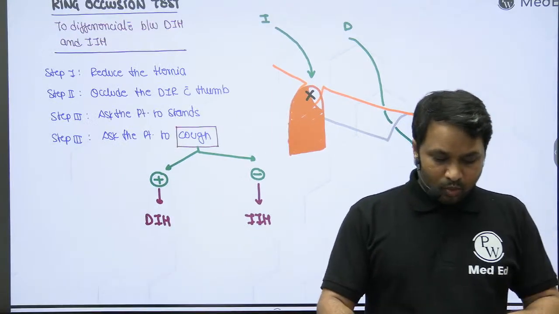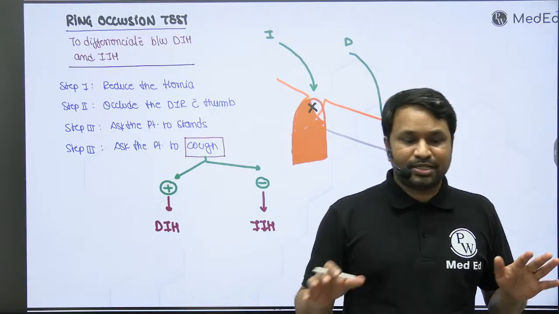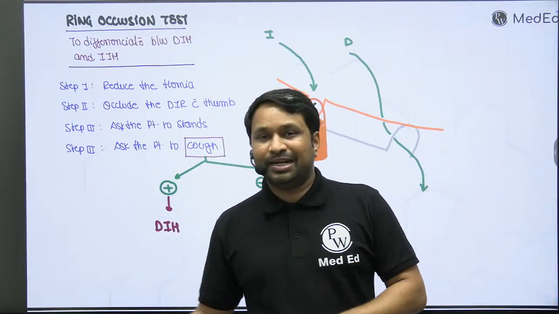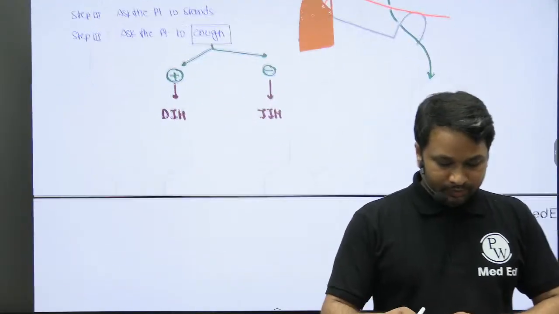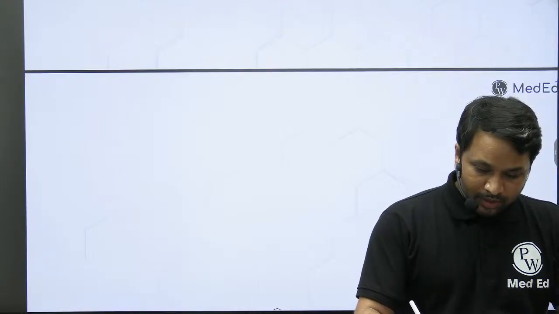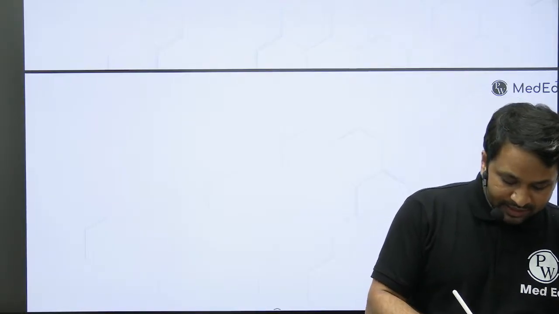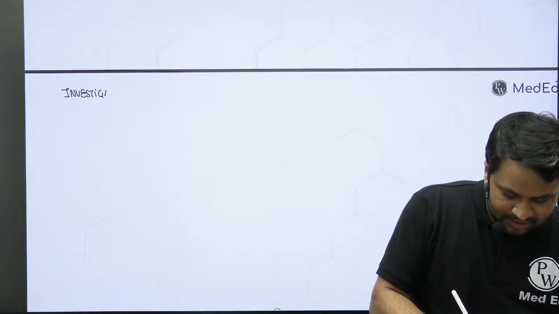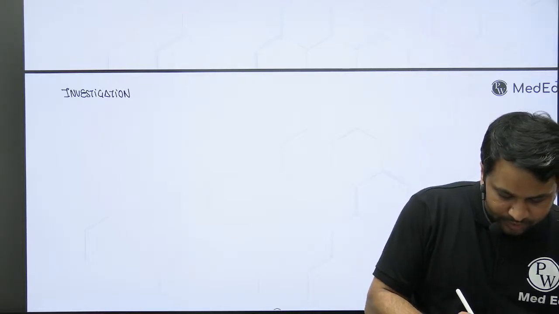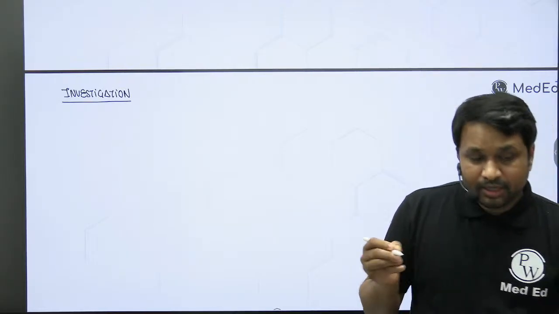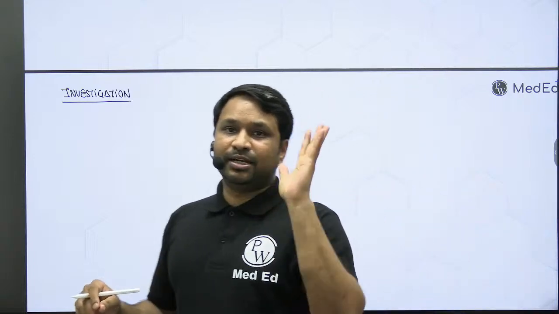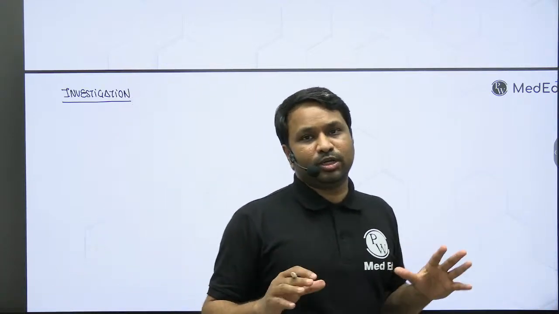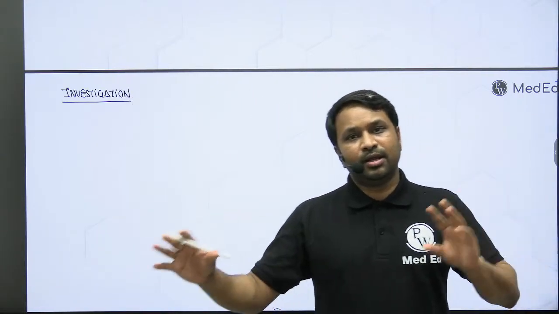Now, once you have performed the ring occlusion test, you know whether you're dealing with an indirect or a direct inguinal hernia, right? Now we'd like to investigate it. What is the investigation with respect to inguinal hernia? Remember, hernia is a clinical diagnosis, and the only thing I have to do is differentiate between hydrocele and inguinal hernia.